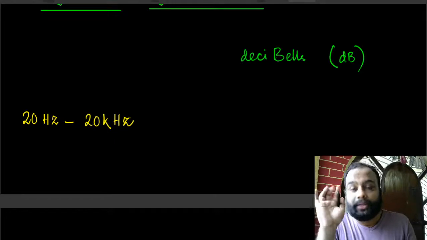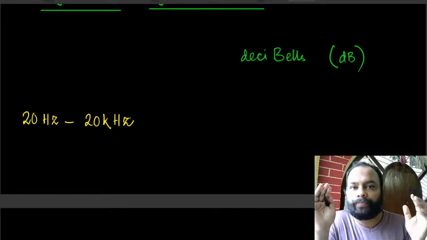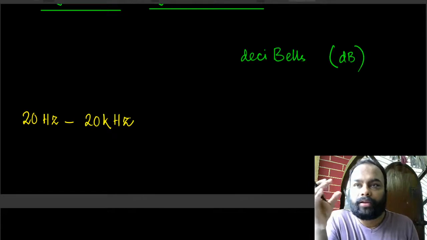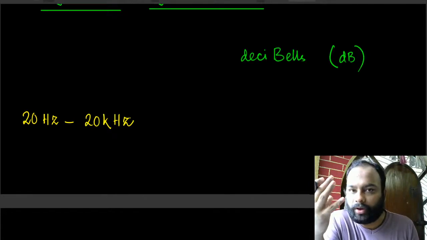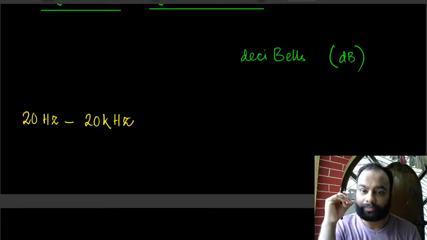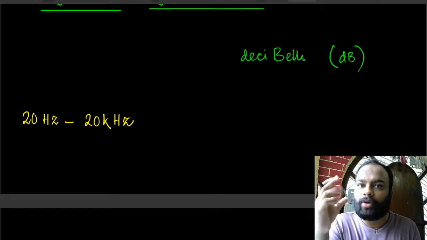Now my problem here is that if I give you an audio device, something like a speaker that is producing audio so that you can actually hear it through your ears, of course, those who listen to music, we have certain words.